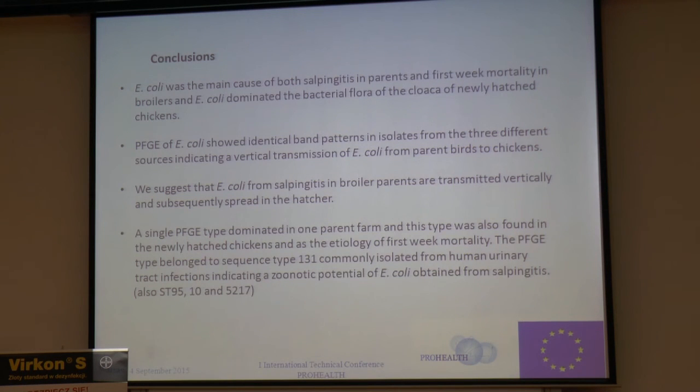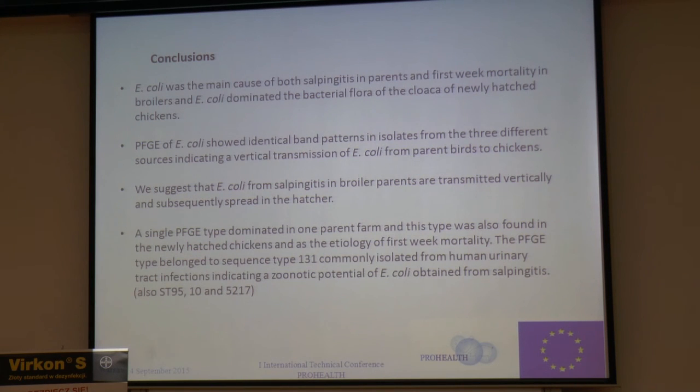We also, as we talked about, show this subsequent spread in the hatcher. And what perhaps is the most difficult part is that some single genome types dominated in one parent farm, and this type was also found in a newly hatched chicken and was the cause of first-week mortality.